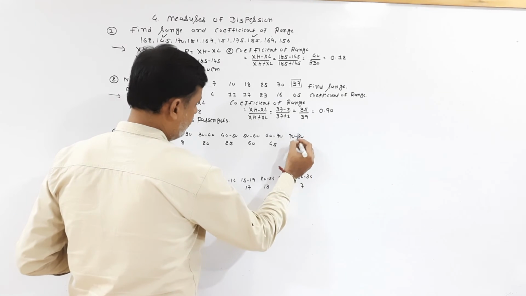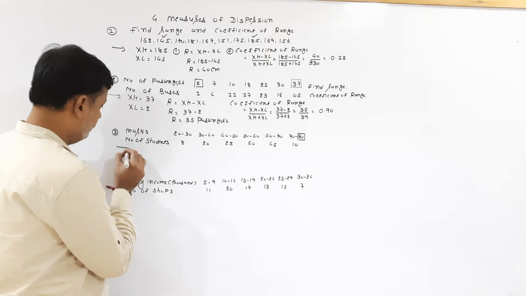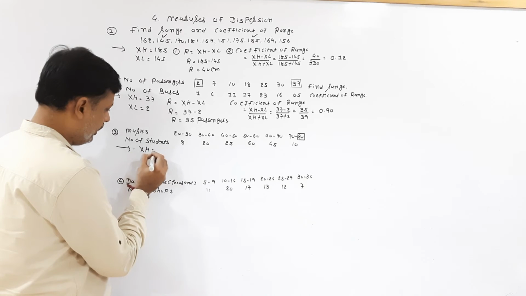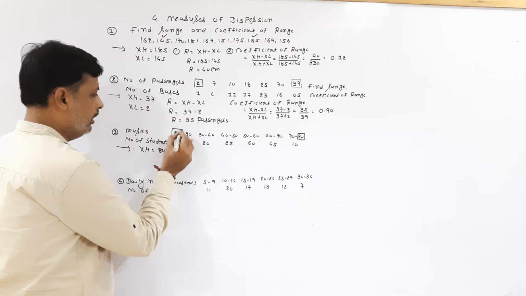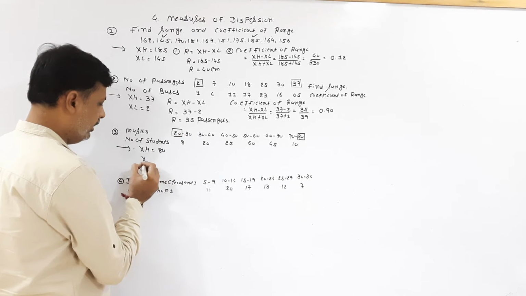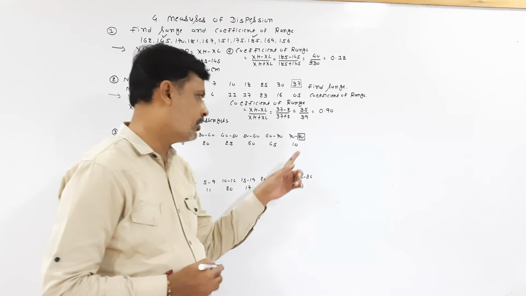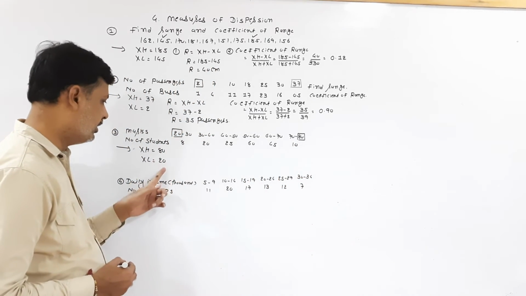So here highest observation, that is 80. XH is equal to 80 and XL lowest means 20. So highest observation, that is 80 and lowest, that is 20.